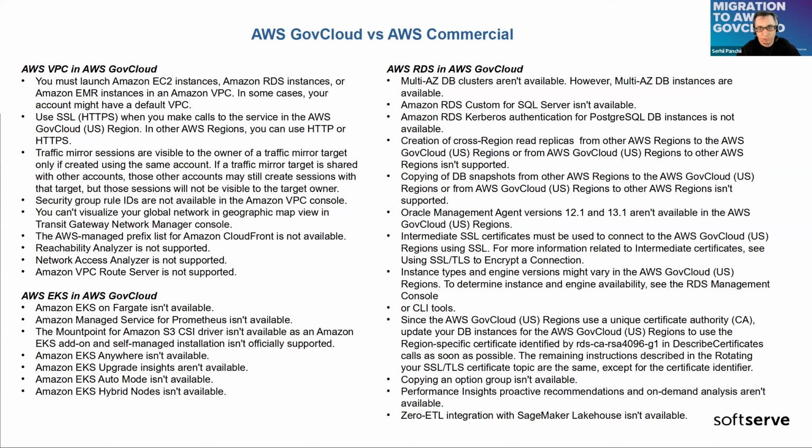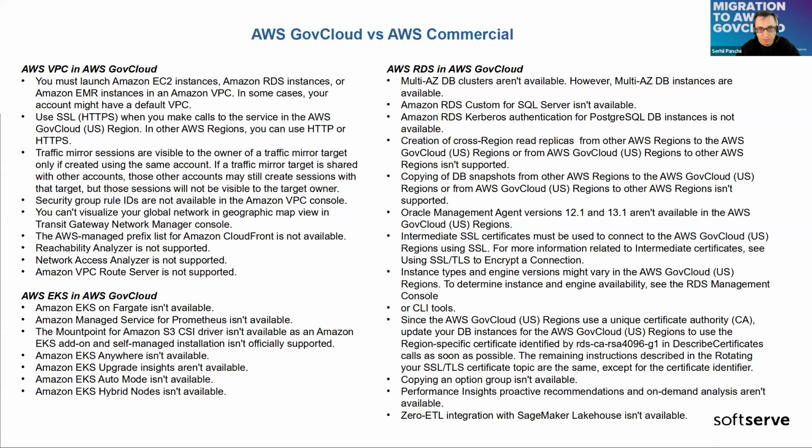Regarding Kubernetes in GovCloud, you should know that there is no Fargate support. Managed Prometheus is absent as well. The S3 CSI driver is unsupported in GovCloud. That breaks common EKS storage practices. Observability tools like EKS Upgrade Insights are not available.